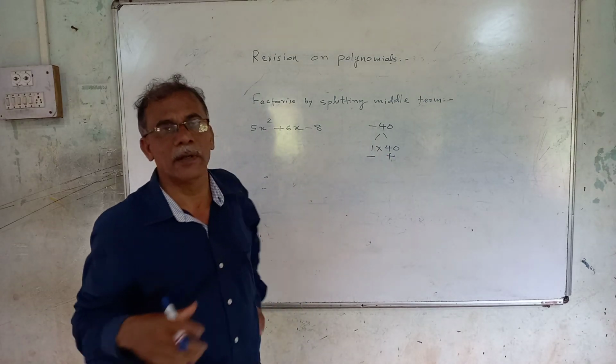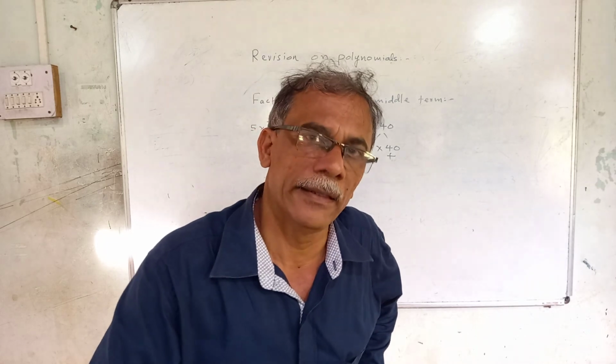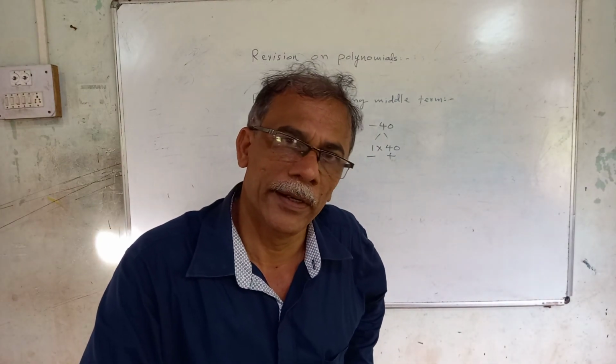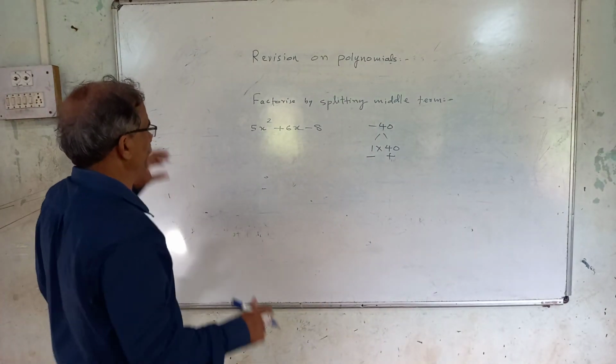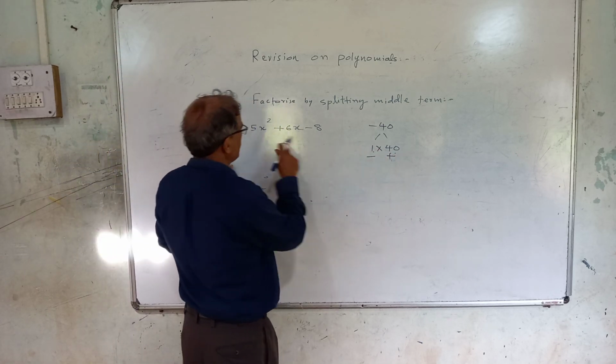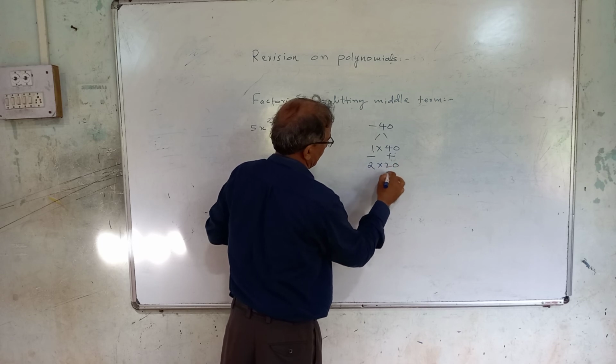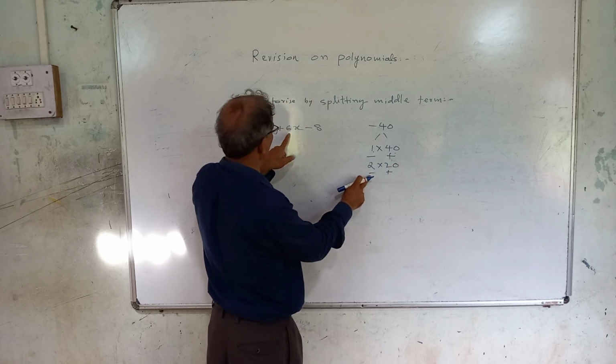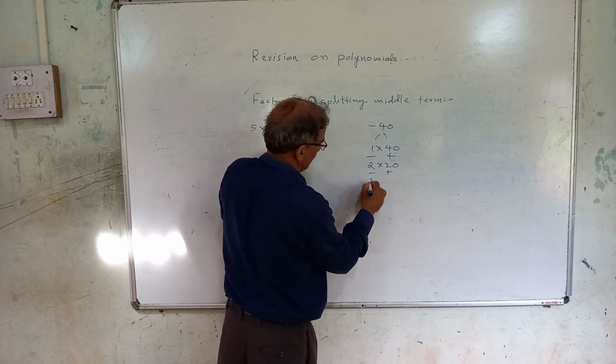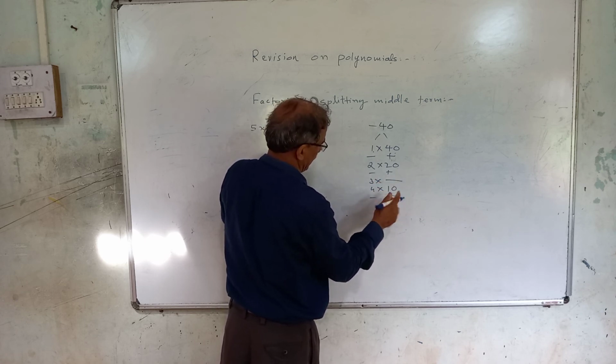So when you write all the pairs, the greater number will be positive, the smaller number negative. But 40 minus 1 is not plus 6. Second pair, 2 into 20. What is the difference? 18. We want a difference of plus 6. 3 into, no pair. 4 into 10, plus 10 minus 4.